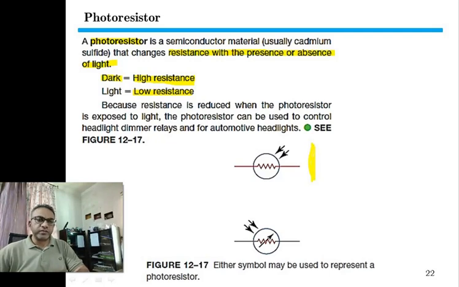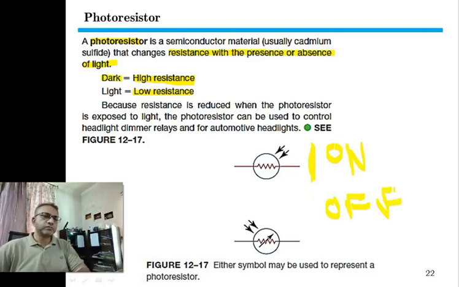What is binary? Either it is on or it is off. Binary, 0 or 1, 1 or 0. So binary means that when there is light, the resistance becomes low and current can pass, so we say that the photoresistor is on.